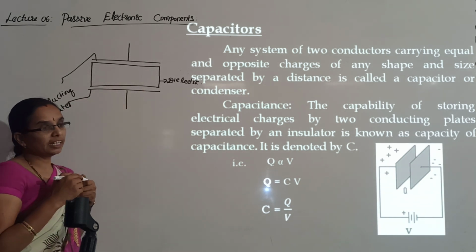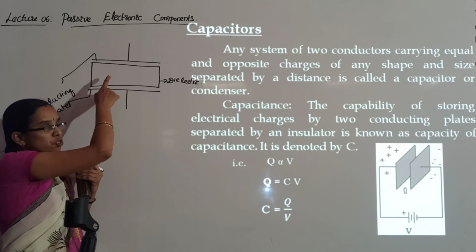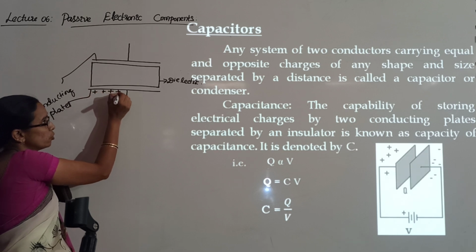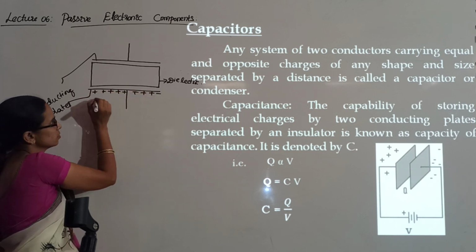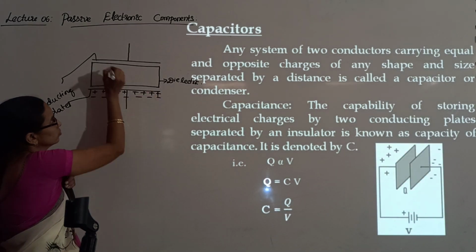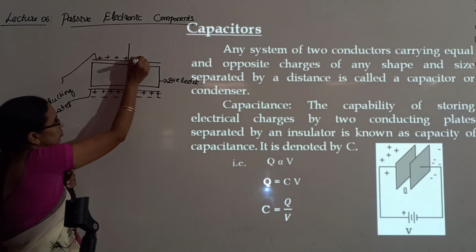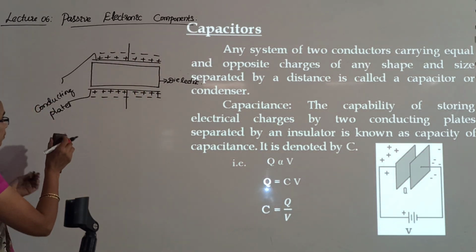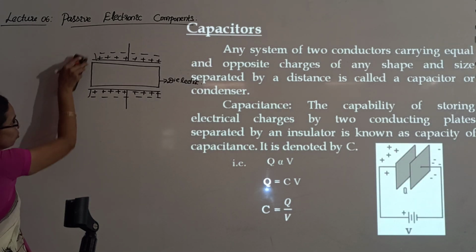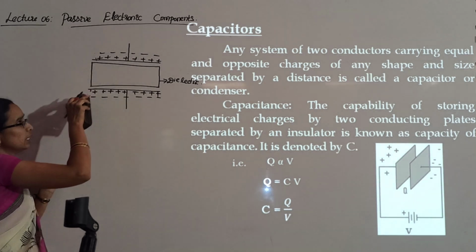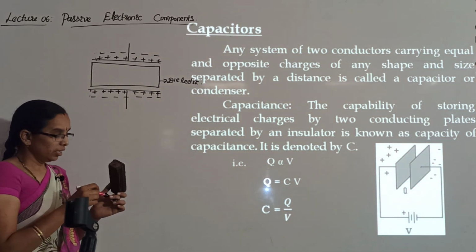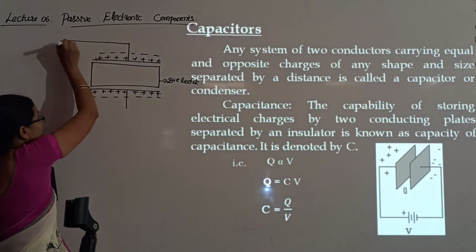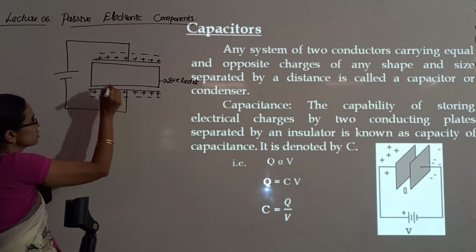Before applying any electric field between these two plates, these two conducting plates will have an equal number of positive and negative charges. They are neutral plates. But whenever you apply a potential difference between these two plates, what happens?